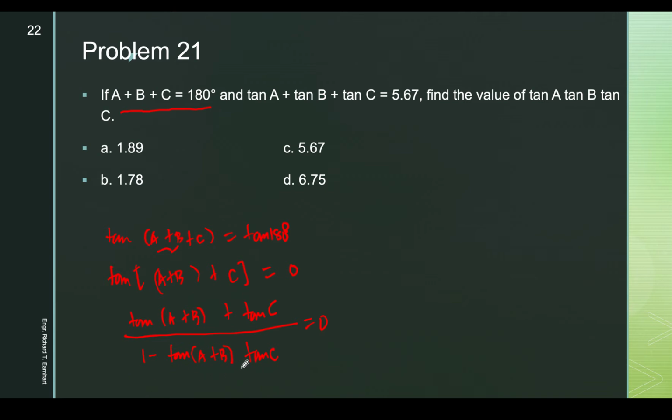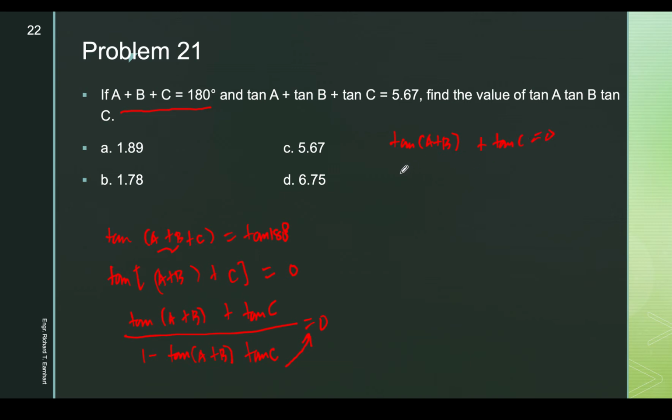Now if you cross multiply, or multiply this by 1 over tangent of A plus B times tangent of C, you get 0 here on the right hand side, and then giving you only tangent of A plus B plus tangent of C. So that will be tangent of A plus B plus tangent of C equals 0.